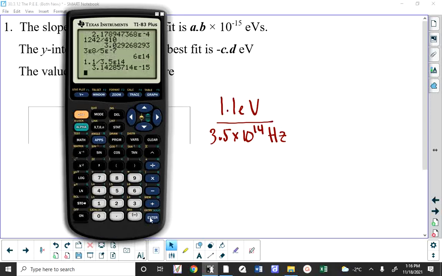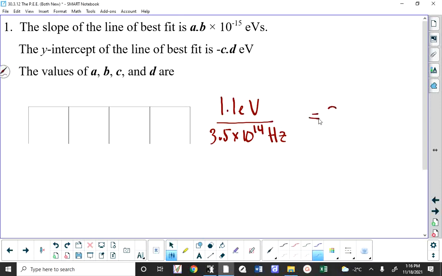So I get 3.14. Do you get the same number? Okay. So according to my graph, the slope is 3.14 times 10 to the negative 15 eV seconds. Now, what is the y-intercept?